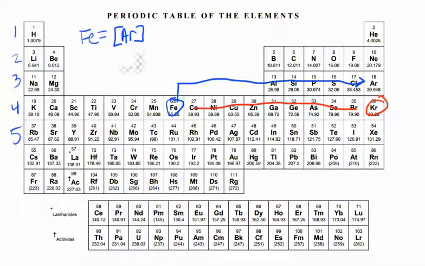The key is that you have to go up 1 period and to the end. And remember, the only group we can use for these abbreviations is the noble gases, group 18. So iron is the same up to argon, and that's really just saying 1s2, 2s2, 2p6, 3s2, 3p6.